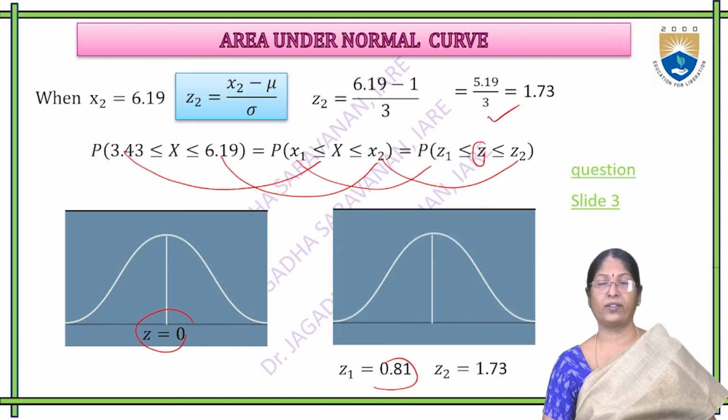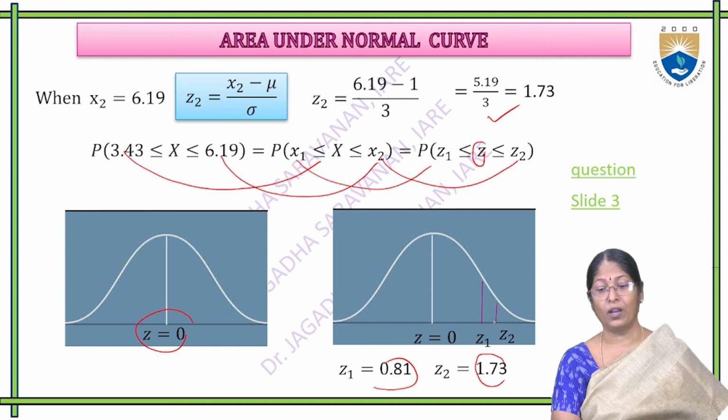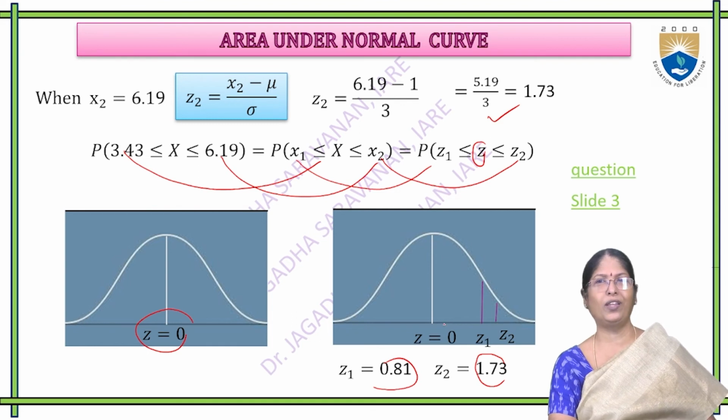Fine. Now the next diagram. Z1 we placed to the right side of the vertical line. We can see it. Next Z2, 1.73, that is also positive, so we placed it there. But a small doubt may ring in our mind: why do we place Z2 here and why not here? A few students may wonder.